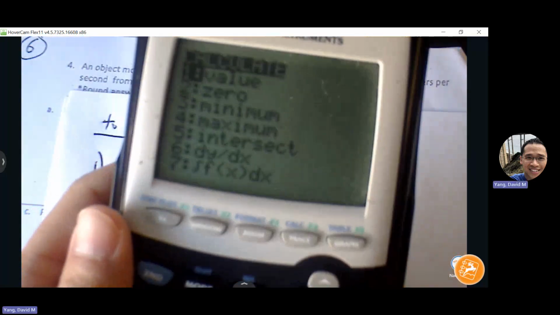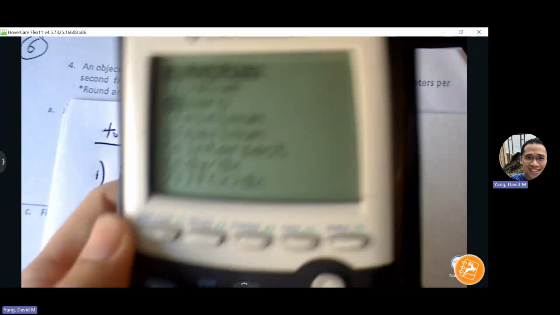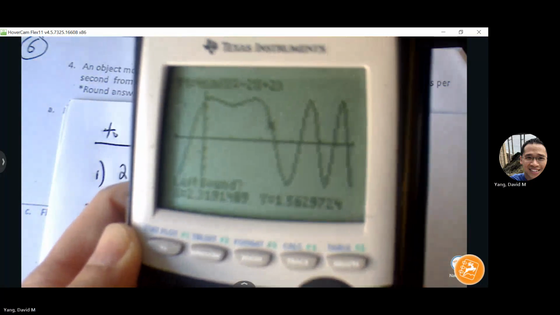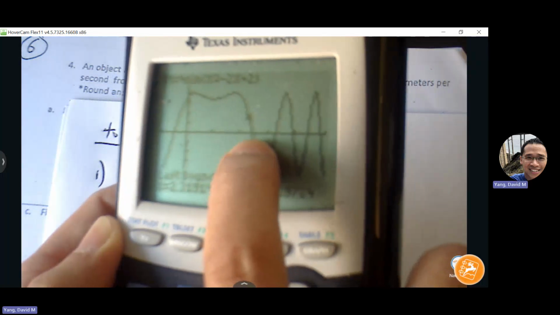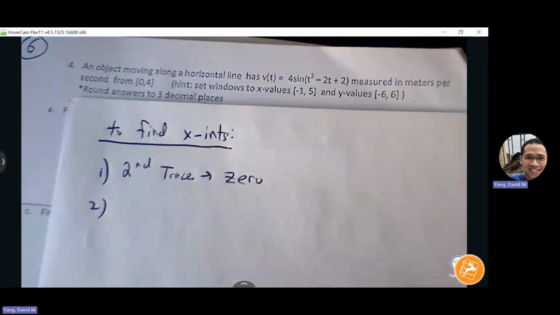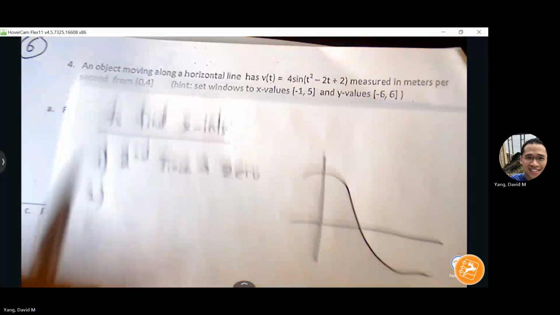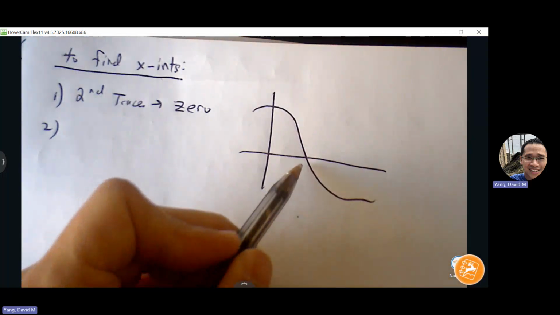Hit enter, or you can hit 2. Now you're going to scroll to the first place you want to target with your x-intercept. Let's say my graph looked like this. I want to target that x-intercept.